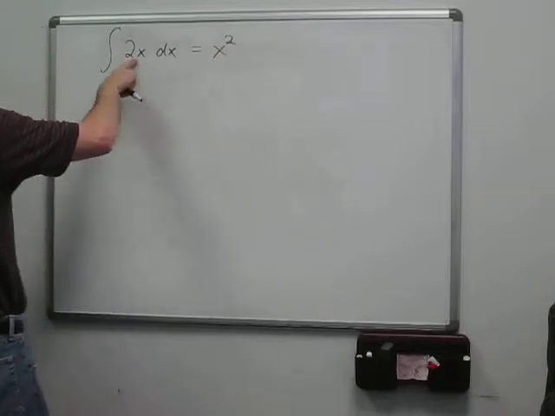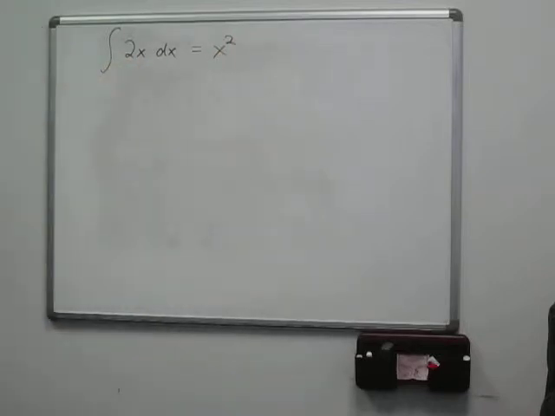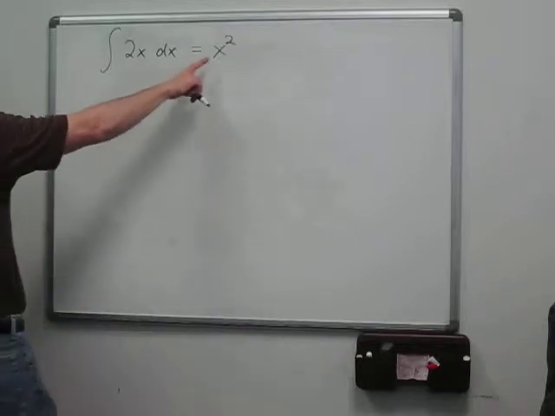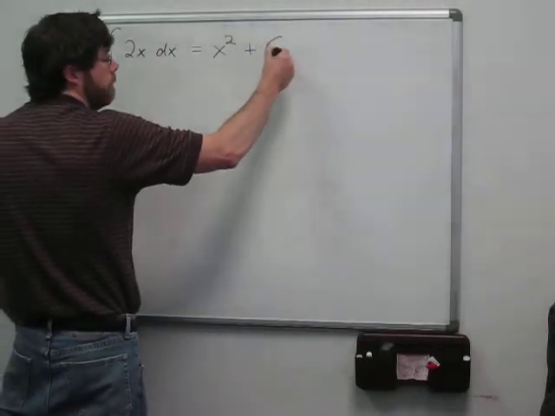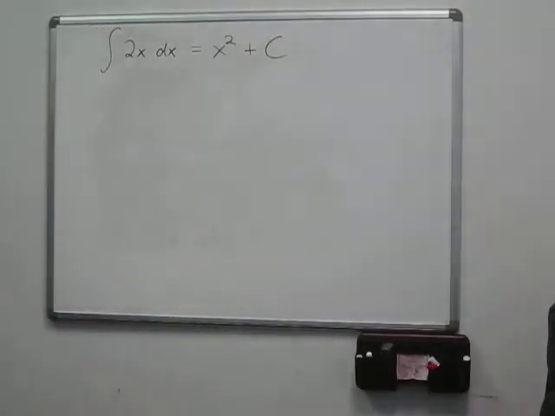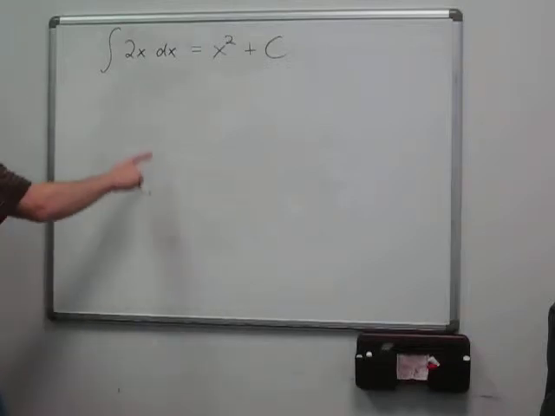And so in this case, we'll get exactly 2x. But not only does x squared have a derivative equal to 2x, x squared plus any constant will also work. The derivative of x squared plus 1 or x squared minus 5 is still just 2x.